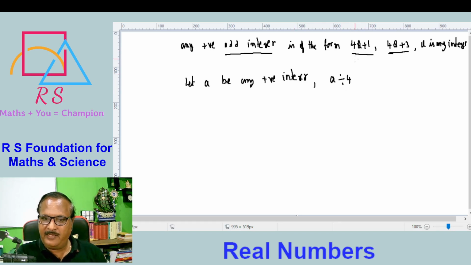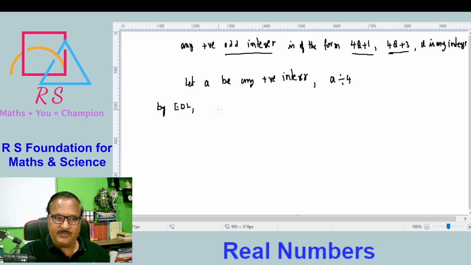So if a is divided by 4, then by EDL, Euclid's division lemma, a is equal to divisor into quotient plus remainder. This is the division lemma rule.